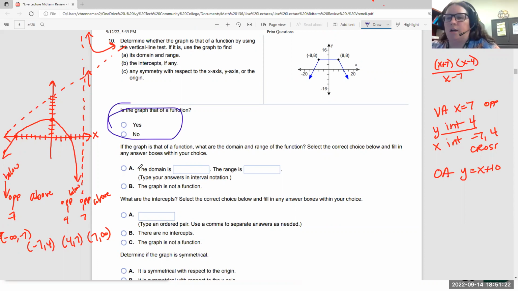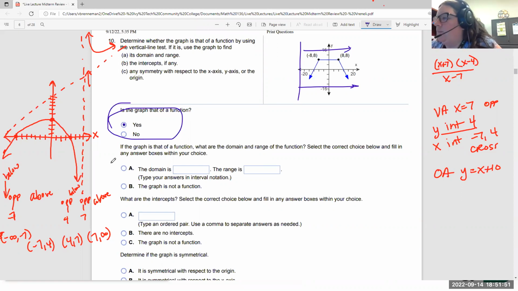If you've ever watched a copy machine or scanner work, you have that light that sort of moves across. So think of the vertical line like that light moving across, and is it ever having more than one point on the graph touching it? And in this case, that doesn't happen. It is a function.